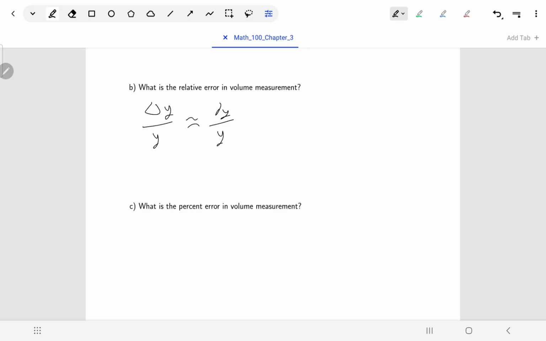In this case, instead of y's, I should say V's, because our function is a volume function. We already calculated what dV is, so that was easy enough. We just need to find out what V is. dV was 273.612. And V is our actual calculation that we get with 30.2 cubed for the volume.